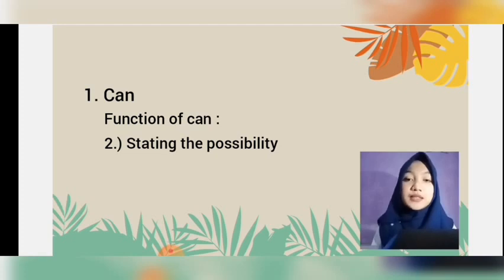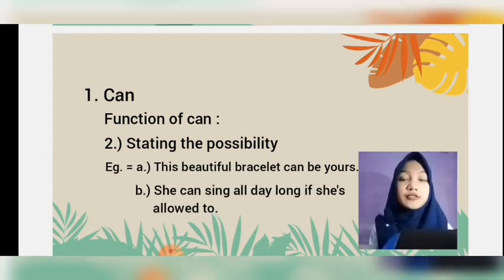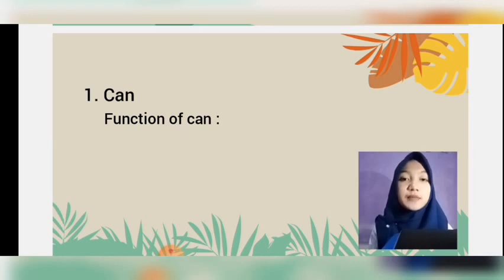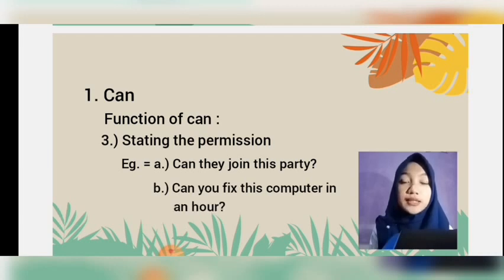For examples, this beautiful bracelet can be yours. And another example, she can sing all day long if she is allowed to. The third function is stating the permission. For examples, can they join this party? Or another example, can you fix this computer in an hour?